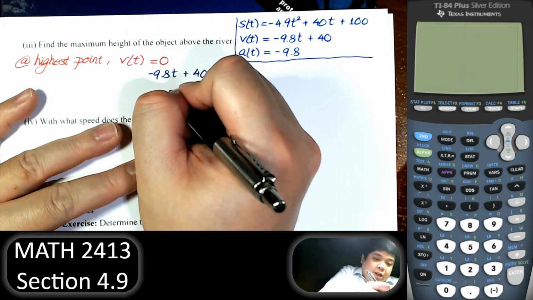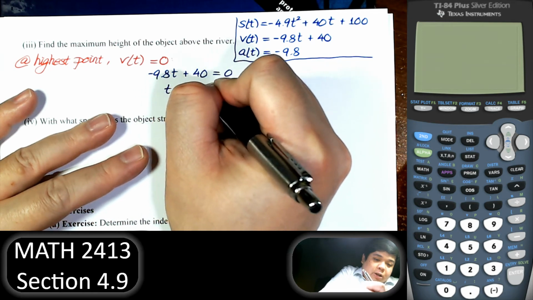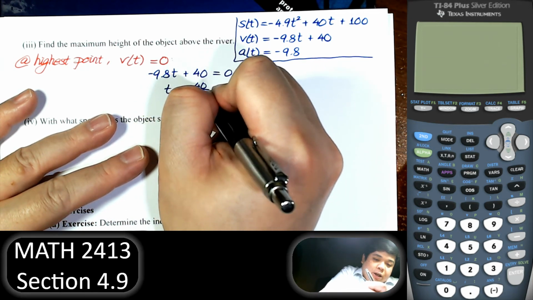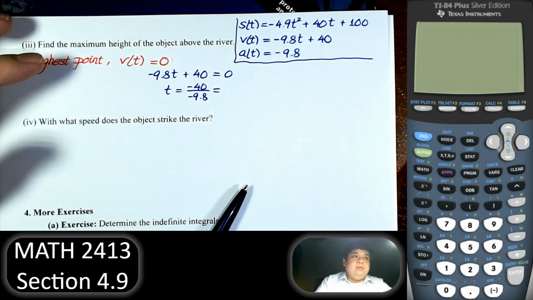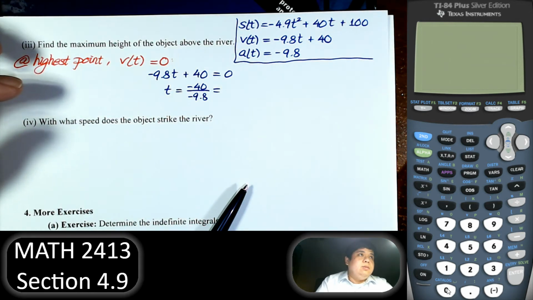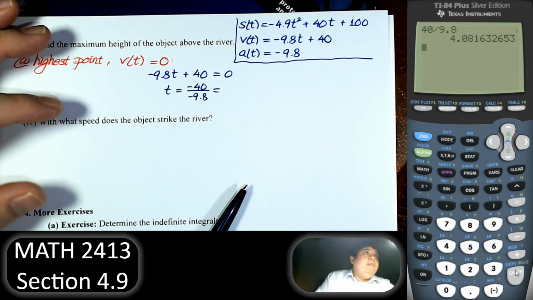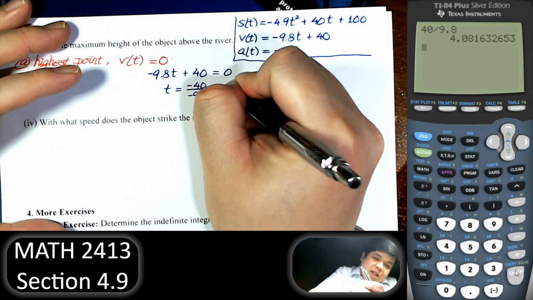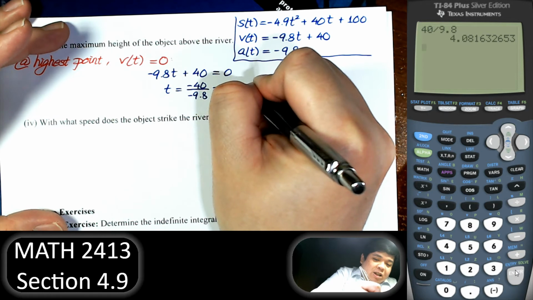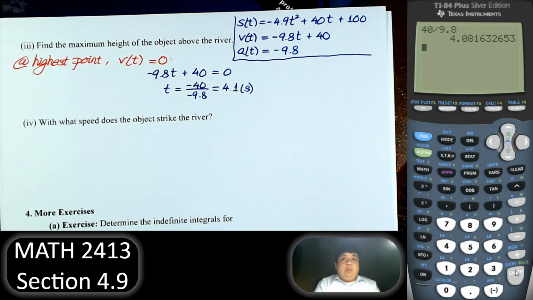So we solve for t equal to negative 40 over negative 9.8. Divided by 9.8. Yeah, that's about that. Just say 4.1 seconds. So after 4.1 seconds, the object will reach the highest point.